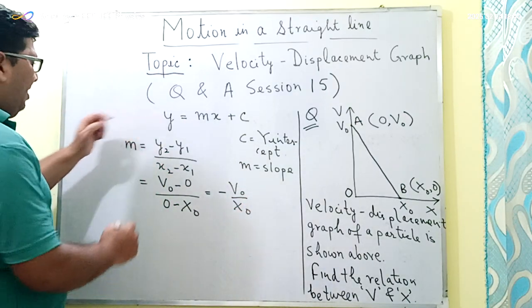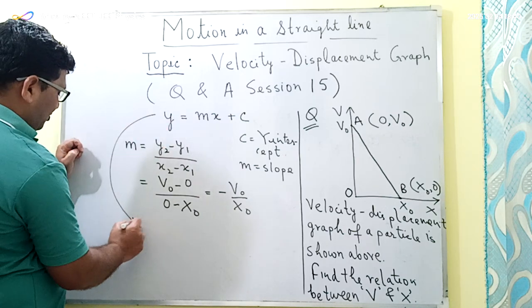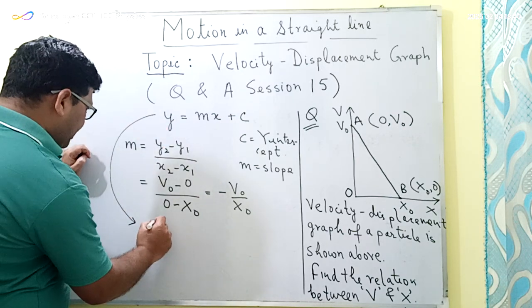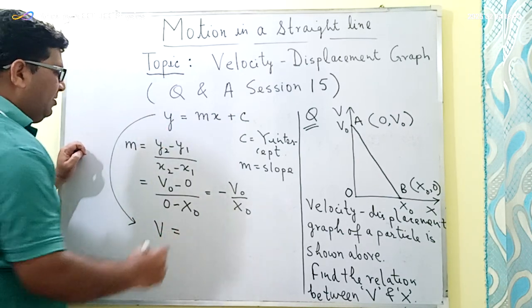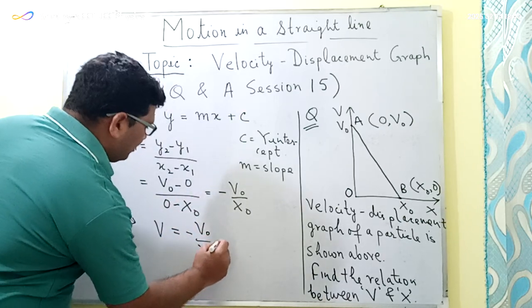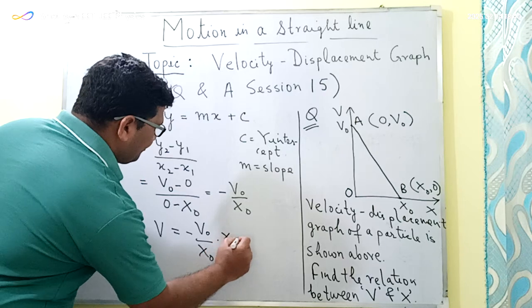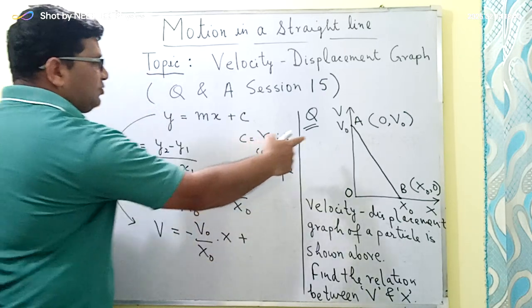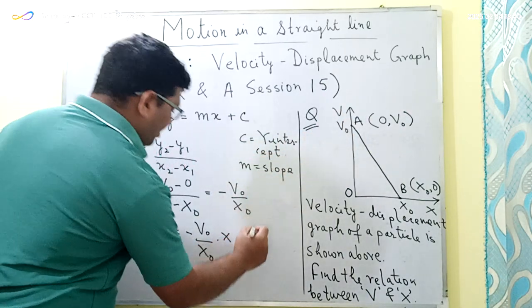So by using this equation, that is y is equal to mx plus c, I will get the equation as v is equal to m, which is minus v0 upon x0, into x plus the y-intercept. So the y-intercept here will be equal to v0.